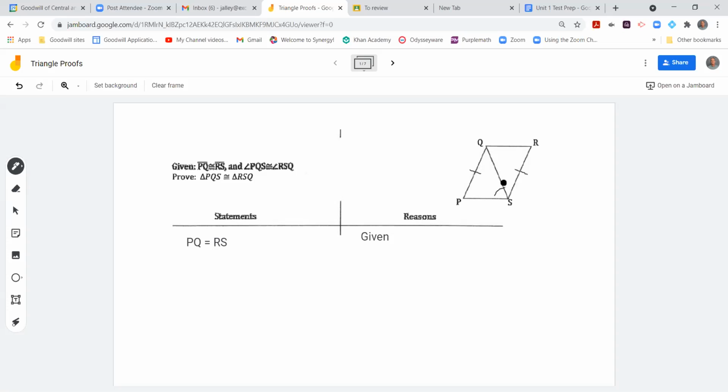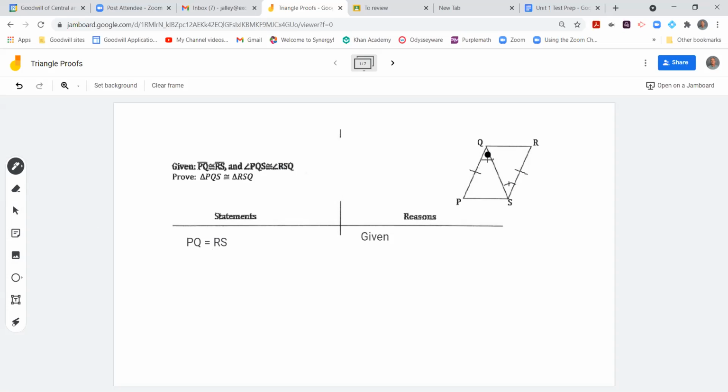There's an angle. Whoops, that's the wrong spot. There we go. PQS and RSQ, those are congruent, right?